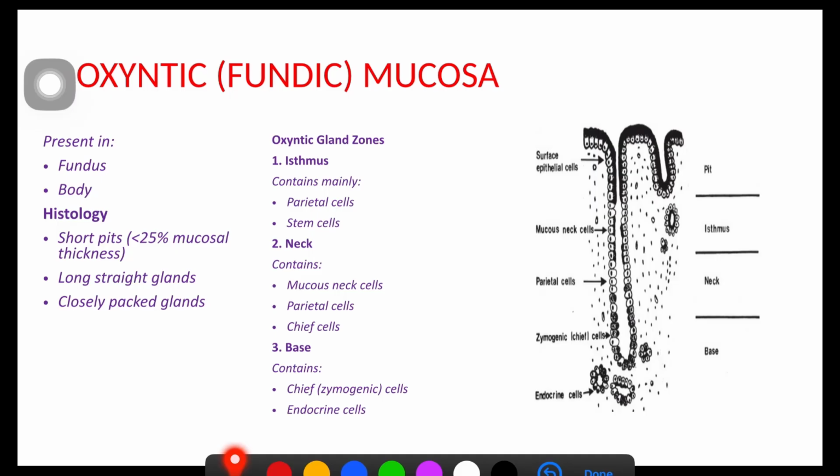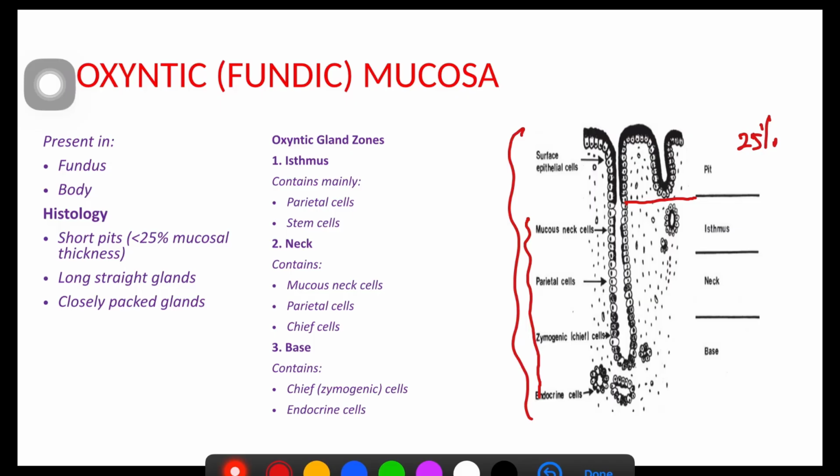Now the main portion of the stomach or body is occupied by oxyntic mucosa. It is mainly present in fundus and body. It has short pits, less than 25% of the mucosal thickness. So if this is the mucosal thickness, then the gastric pit has 25% of the portion, and the rest is occupied by these long straight glands.